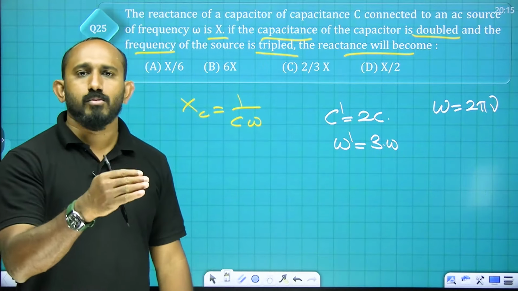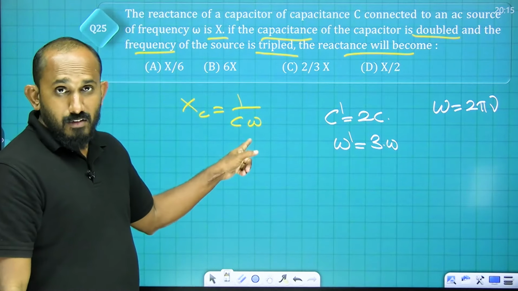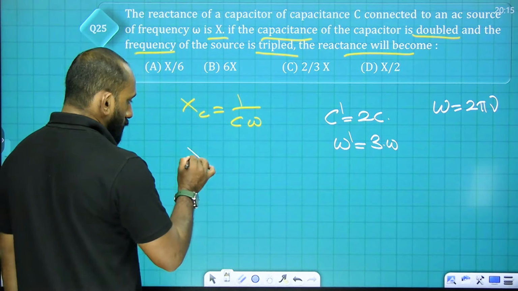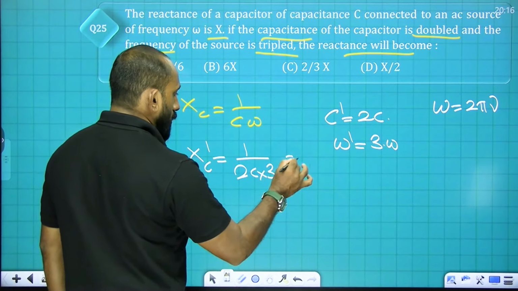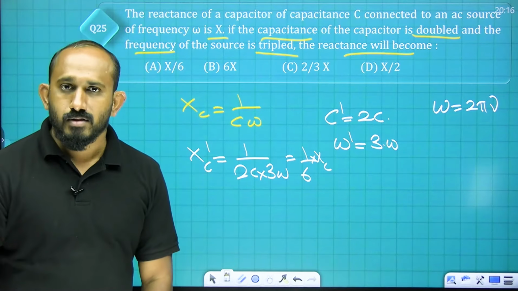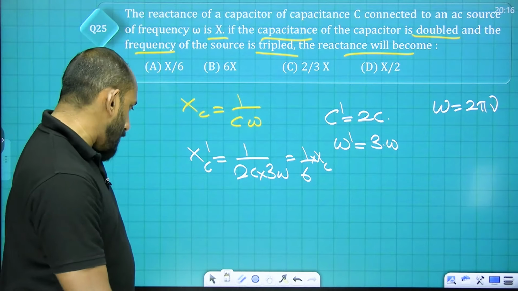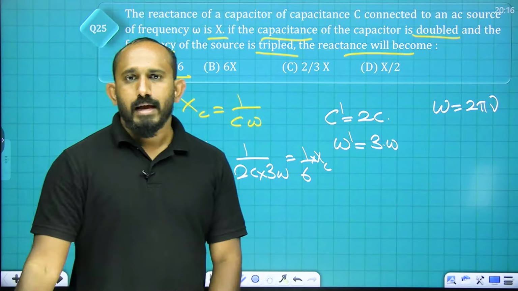So nu tripled means omega also tripled. Both are inversely proportional. So XC dash will be 1 by 2C times 3 omega, that is 1 by 6 times XC. So the answer is X by 6. Option A is correct here.